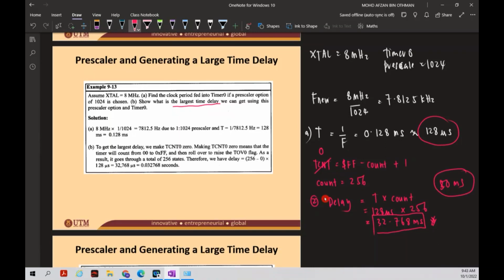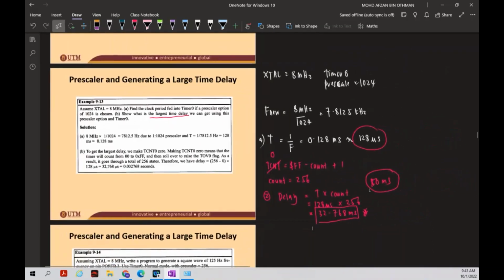Unless you do the programming for a delay of 25 milliseconds, and then you call it twice. Then you can generate 50 millisecond by using timer 0.